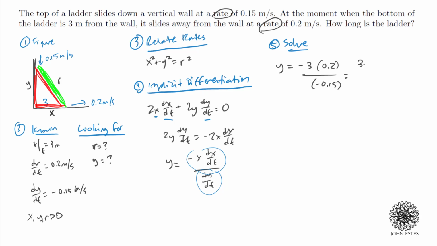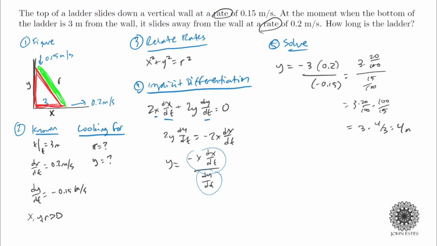It might be easier to say this like this, 20 over 100 divided by 15 over 100, which is the same thing as saying 3 times 20 over 100 times 100 over 15. So I have some stuff canceling out. The hundreds cancel out. The 20 and the 15 reduce. Let's see, so I have 3 times 4 over 3. So I end up with y being 4 meters.